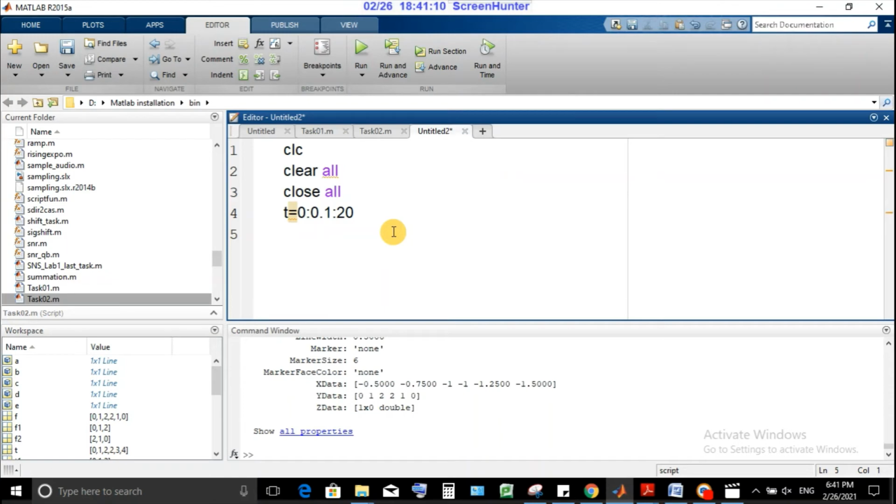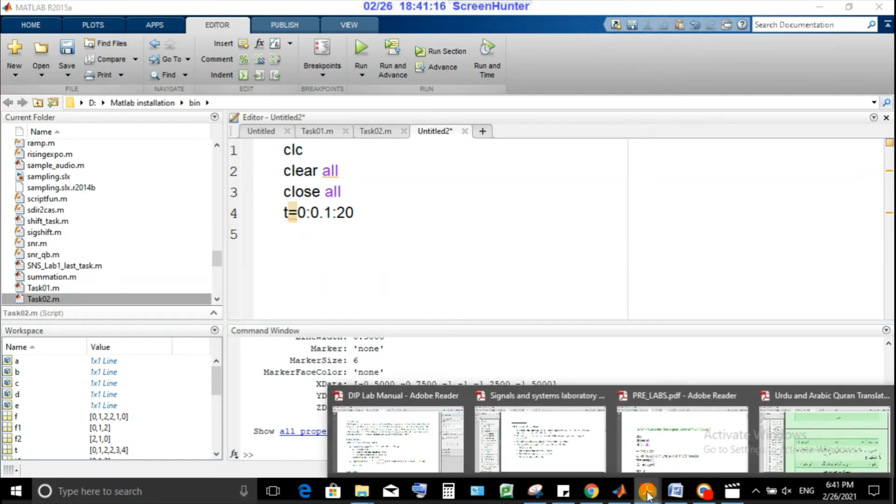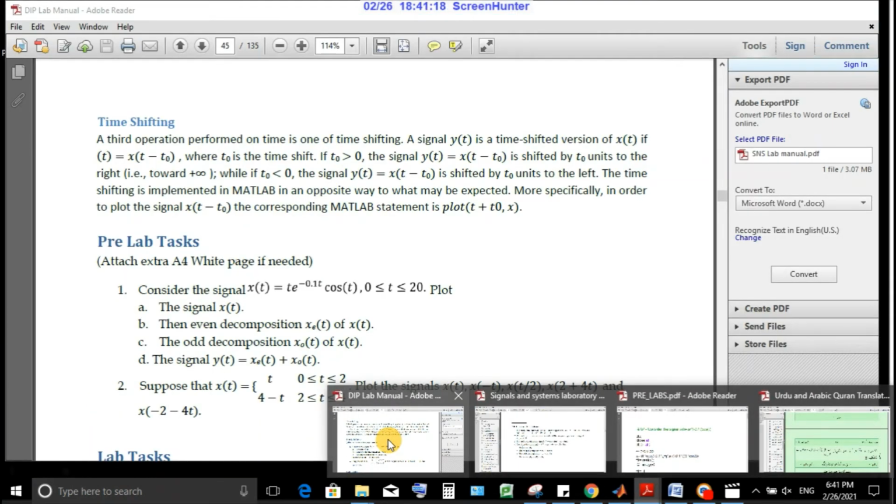Then we have to define x, and for that purpose, x is t times exponential of -0.1t times cos t. And now we write it.